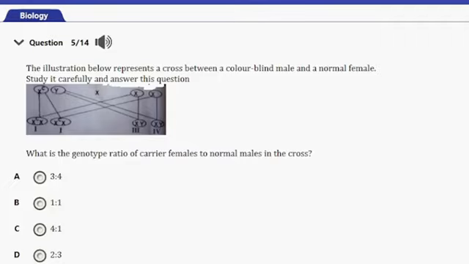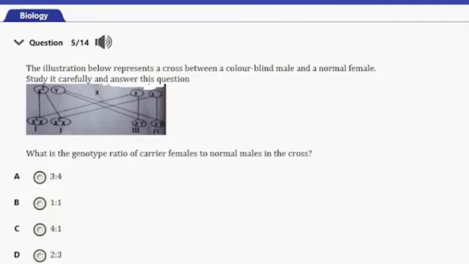to get the ratio of the genotype for the carrier females to normal males in this cross, that will be 1:1, because here you have 2 being the carrier females and 2 being the normal males.